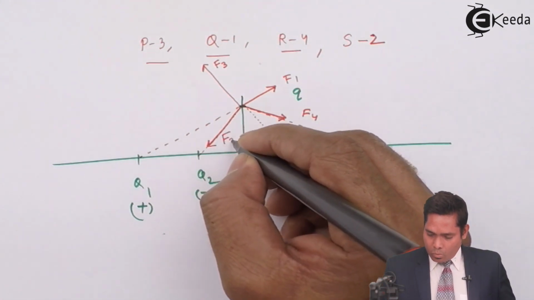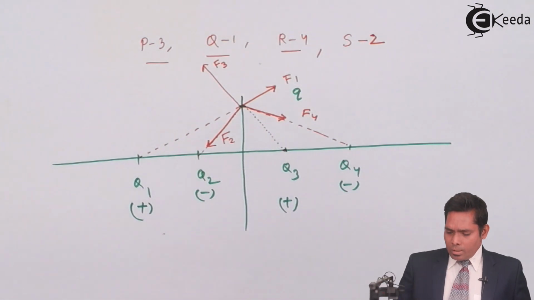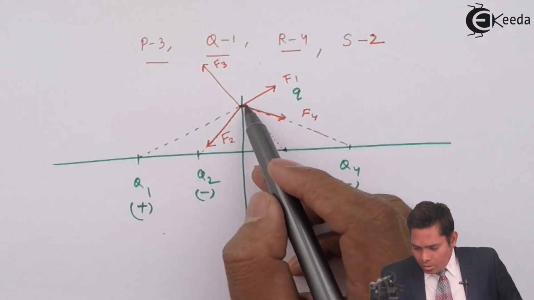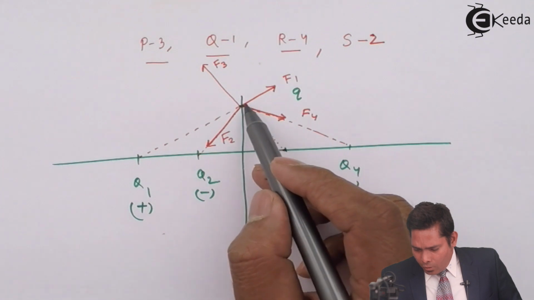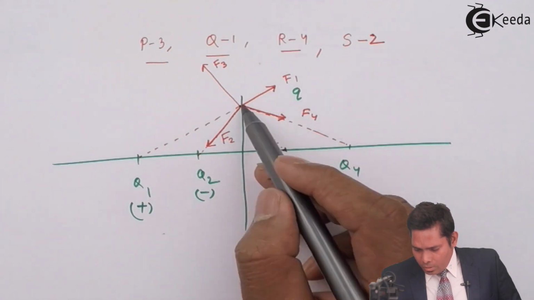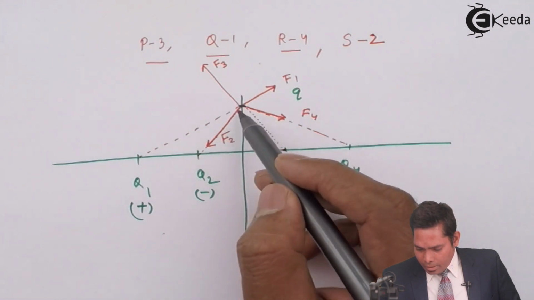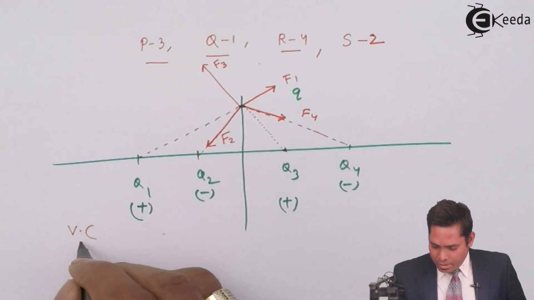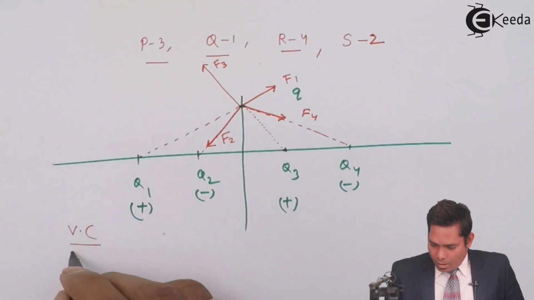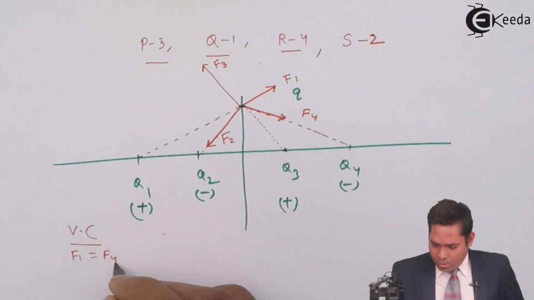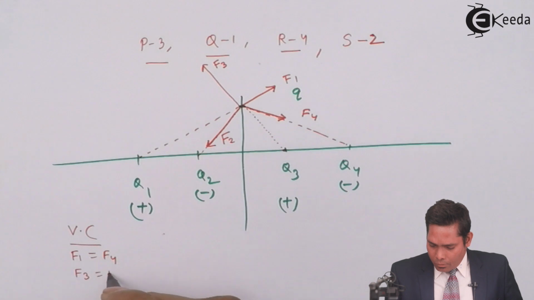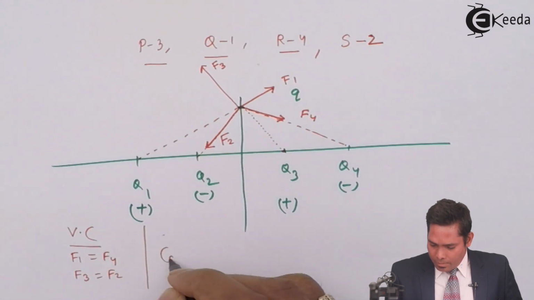This is F2. Now in this situation, the vertical component of this and that will cancel out, and the vertical component of this and that will cancel out. So as far as the vertical component is concerned, F1 will cancel F4 and F3 will cancel F2. They will cancel.